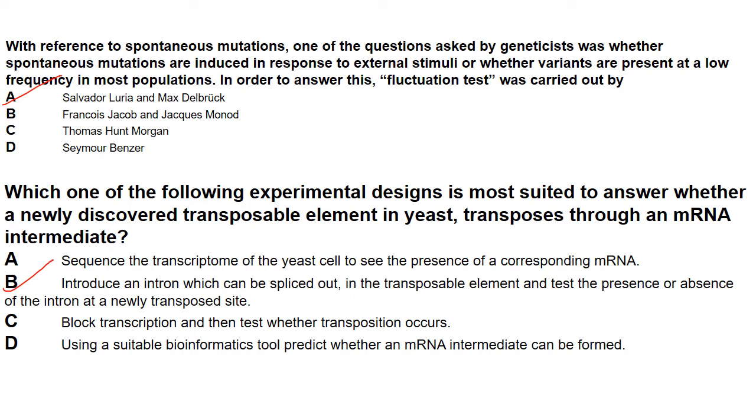Then they marked TYH3 with an intron. So after inducing transcription of TYH3, additional copies were found at new locations in the yeast strain. That is, after adding galactose into the medium, there was transposition of TYH3 to new locations in the yeast strain. And when they examined it structurally, it was discovered that the introns have been removed from the RNA.